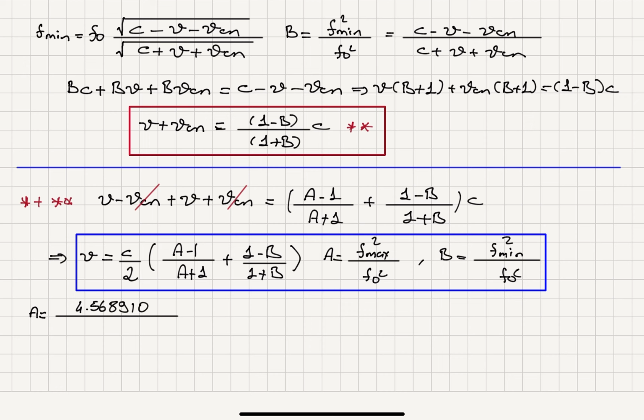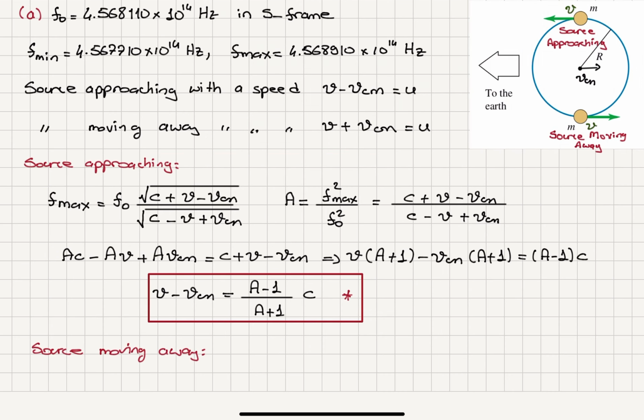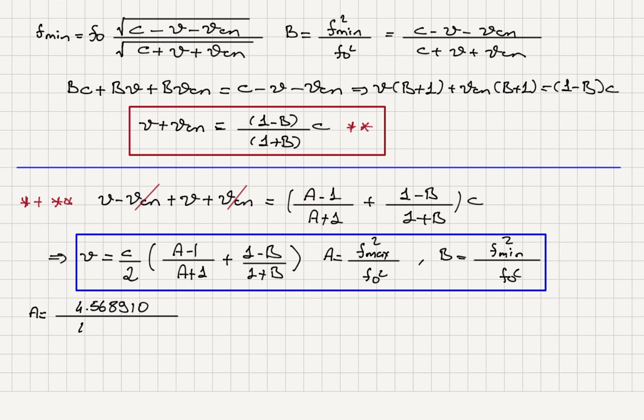And for f0 we have 4.568110. And I'm going to take the square of the top and square of the bottom. That gives us for A 1.00035028493.